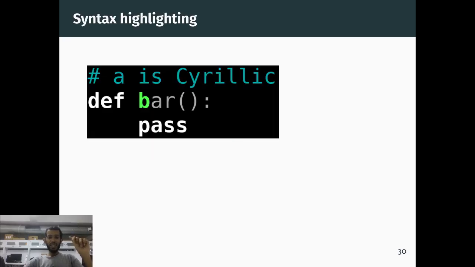Another thing that can help is syntax highlighting. Remember, we mentioned in the example for homoglyphs where a function name has homoglyph characters being used. In this case, I have a function named bar where the A is a Cyrillic character and it's not a Latin A. In the case of Vim, as I have shown here, the identifier is not highlighted properly.